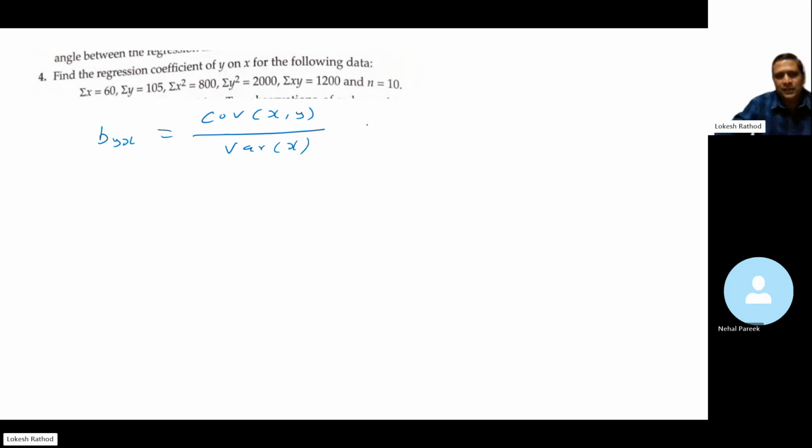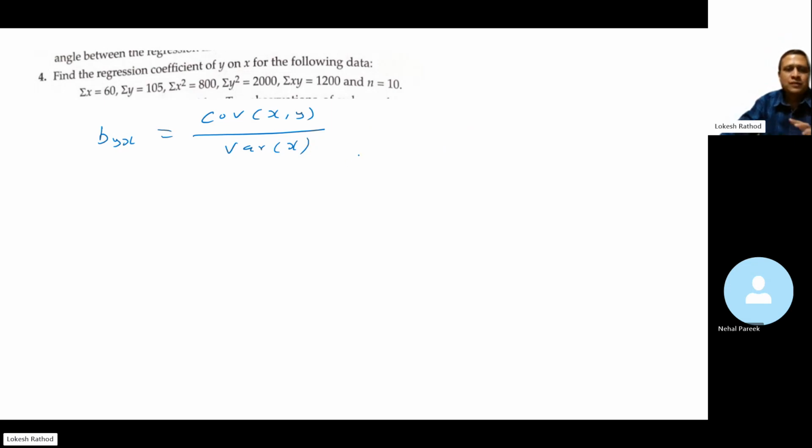This is one formula, and another formula we were having is r sigma y over sigma x, right? So we just check which information is given, in which formula we can use it. Sigma x, sigma y, sigma x square, sigma y square, sigma xy, n is given, right? So obviously we are going to use the first formula.